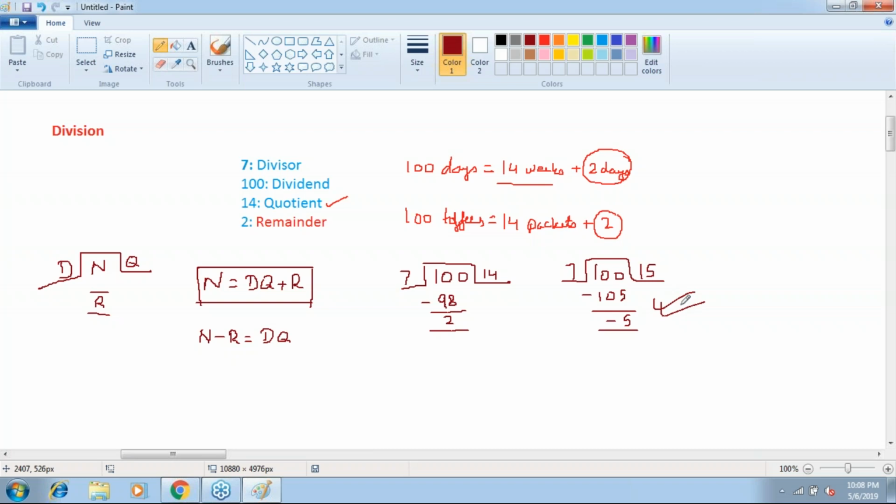Okay, so the first story was, what day of the week will be 100 days from today? The second division tells me to go -5 days. So from the 15 weeks, I have to subtract 5 days. To the 14 weeks, I had to add 2 days.